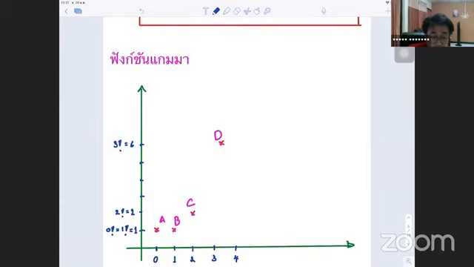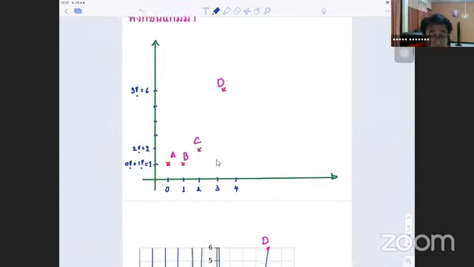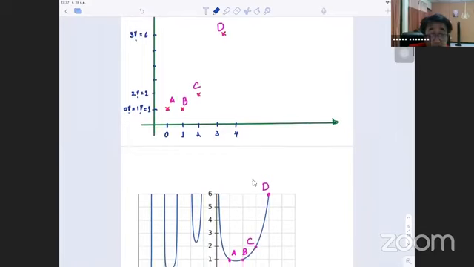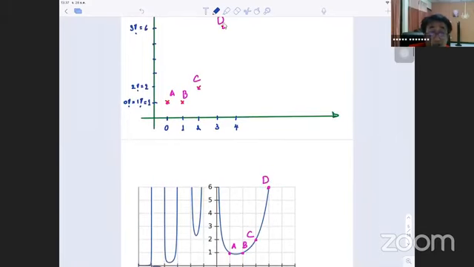For example, 0 factorial is 1, 1 factorial is 1, and this 2 factorial, 3 factorial, and the gamma function can connect between all points. You see this.